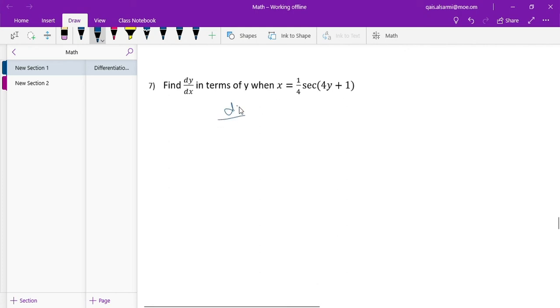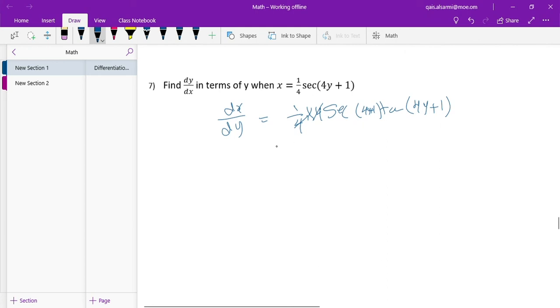So dx by dy will be, forget about the coefficient, rewrite the coefficient. Derivative of sec is sec tan, of 4y plus 1, from the formula sheet. Multiply by the derivative of 4y plus 1, which is 4. 4 cancels with 4.